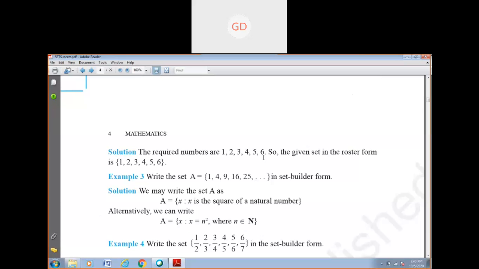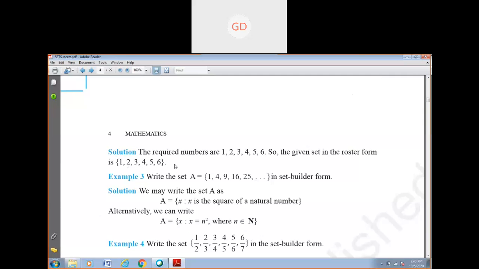We cannot include 7 because if x is equal to 7, then x square means 49, and 49 is greater than 40. So we cannot include 7. So the only elements are from 1 to 6, and we just need to write the elements here within second brackets. This is roster or tabular form: 1, 2, 3, 4, 5, 6.